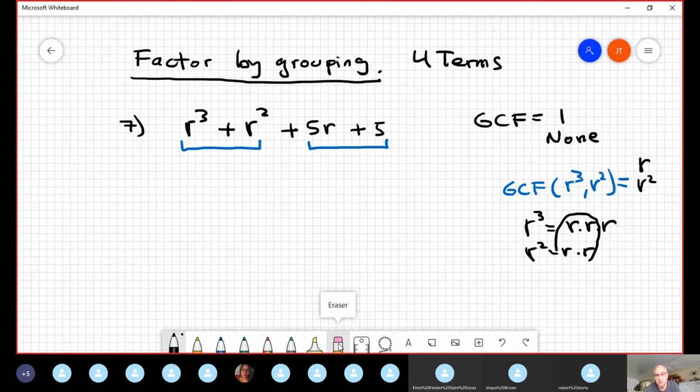The common is r squared. Okay, you always take the one in between. I know, R is the common factor. But what is the greatest common factor? The greatest common factor is r squared. If you factor out here, r squared, open new parenthesis, r plus 1.